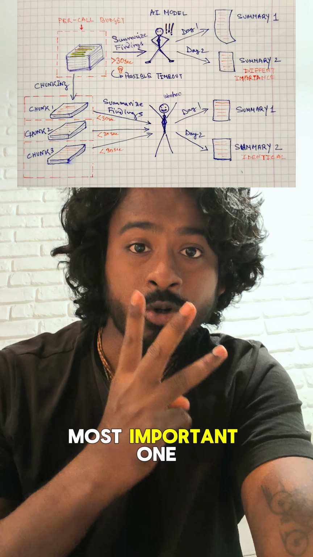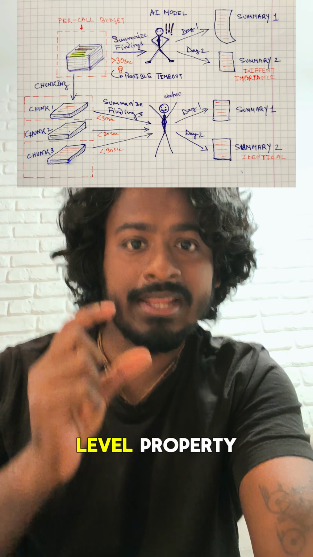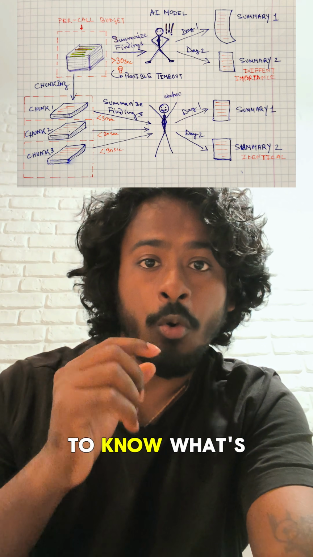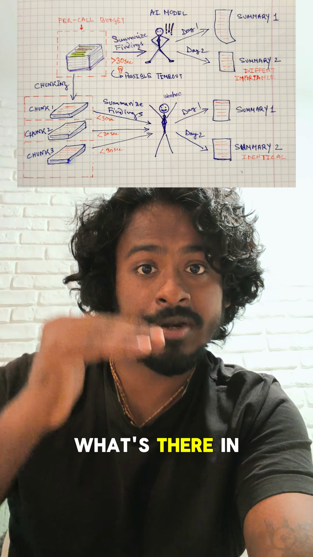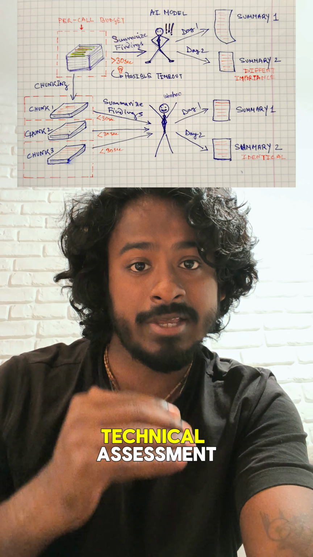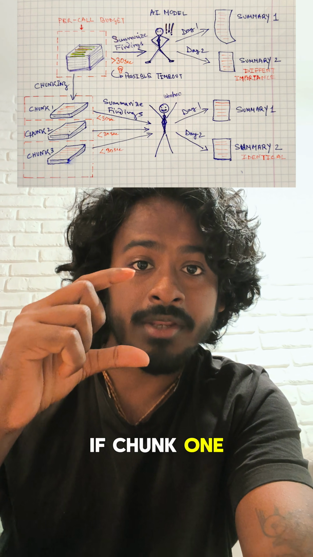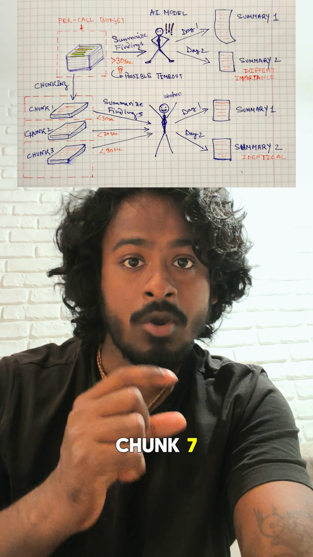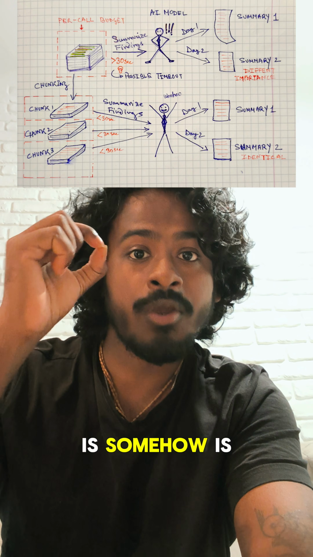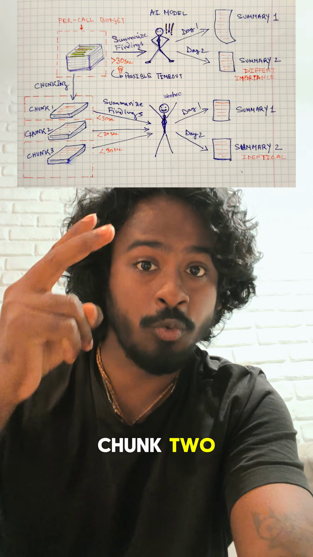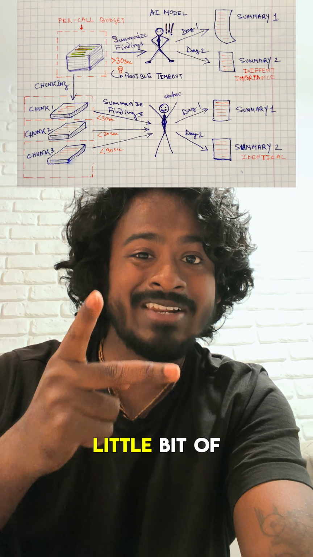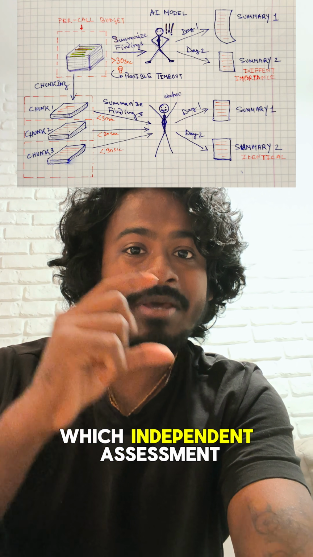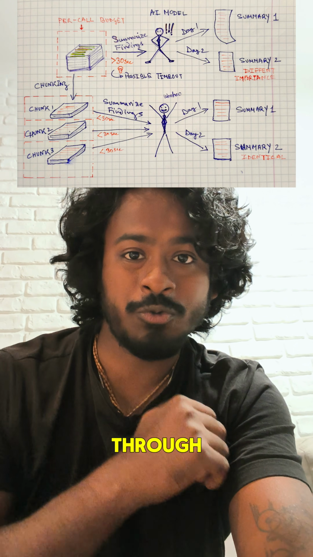Third, and the most important one, is the document-level property. You need specific domain expertise to know what's in the document, what's in the logs, what's in the technical assessment. If chunk 1 has information leaking into chunk 7, or chunk 7 has a connection to chunk 2, there is a little bit of correlation, a little bit of overlap, which an independent assessment will not go through.